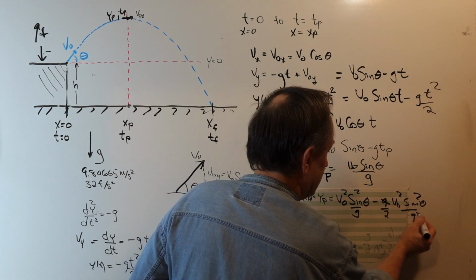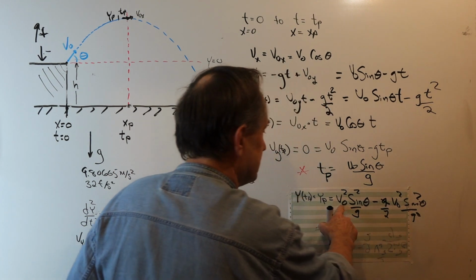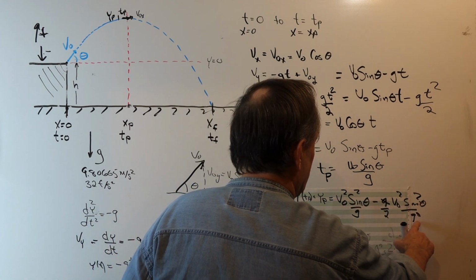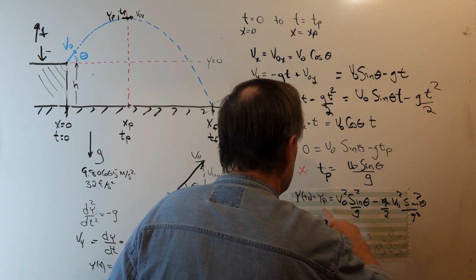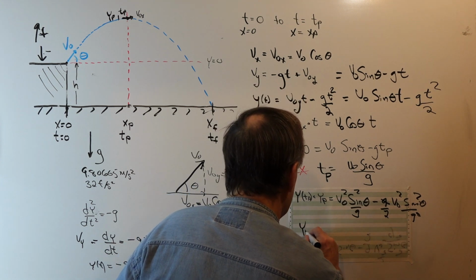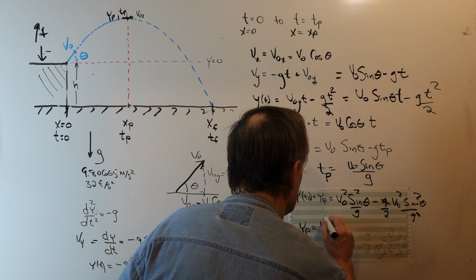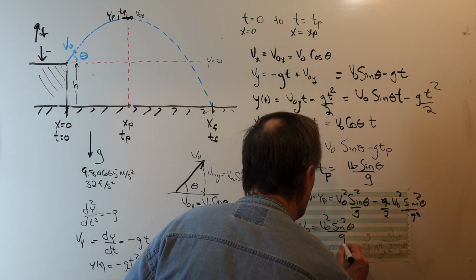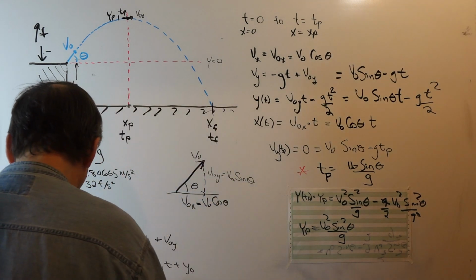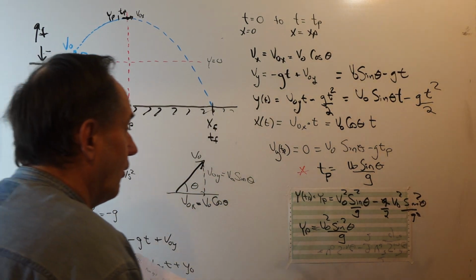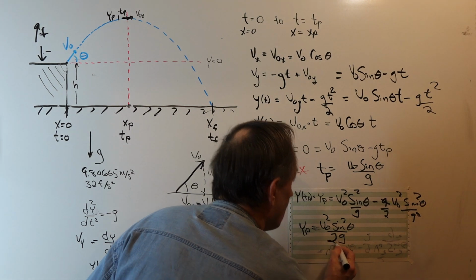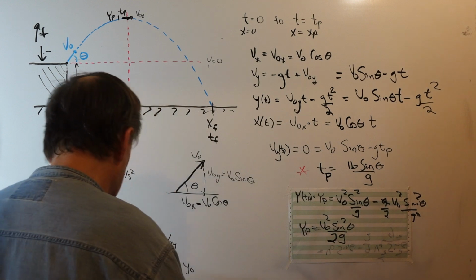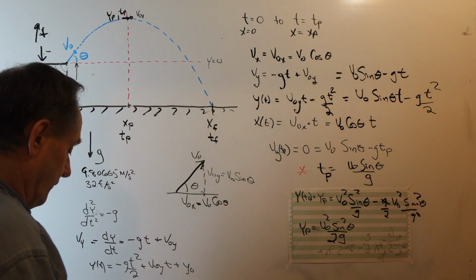The g here cancels with one of the g's there, so we have v0 squared sine squared over g minus v0 squared sine squared over g times 1/2. We're subtracting 1/2 from this, so y peak is v0 squared sine squared theta all over 2g.